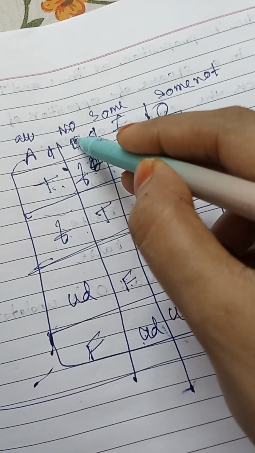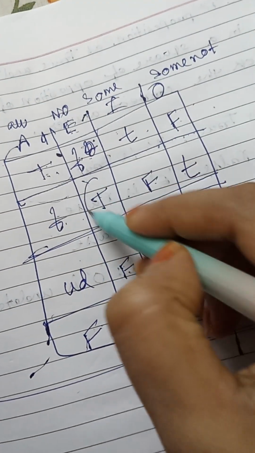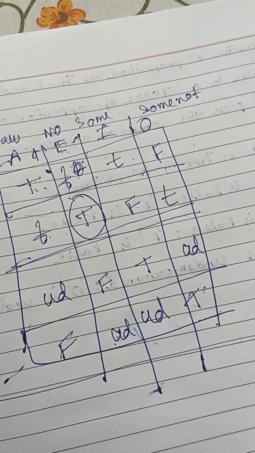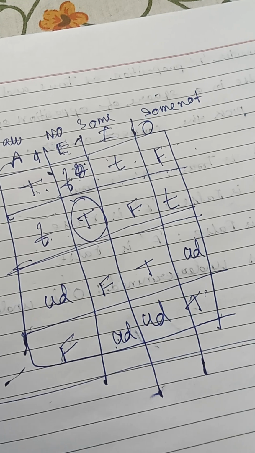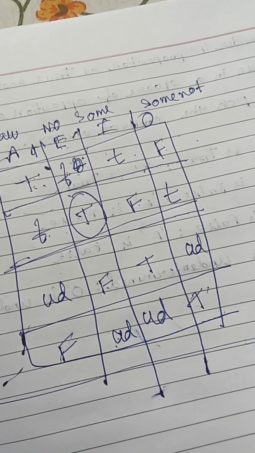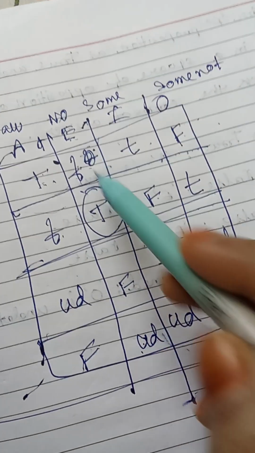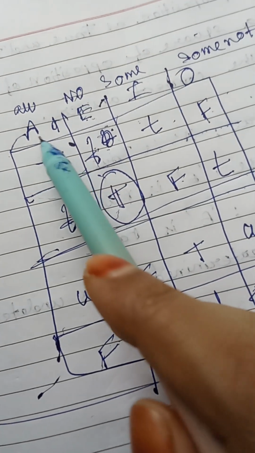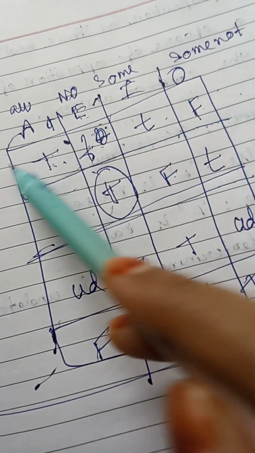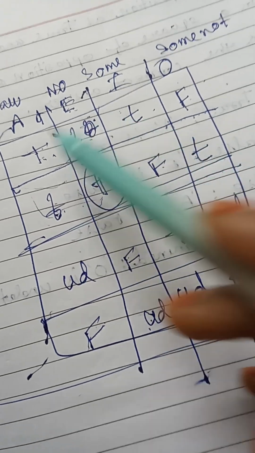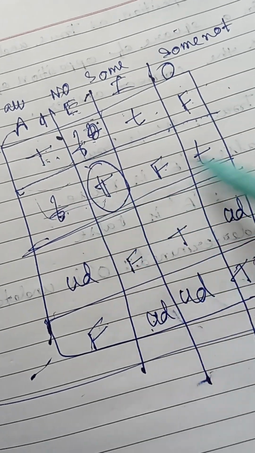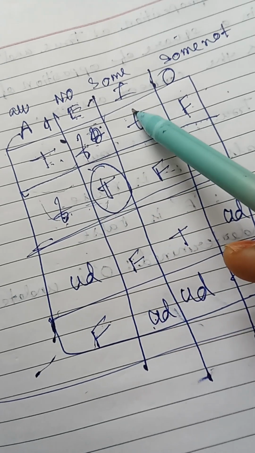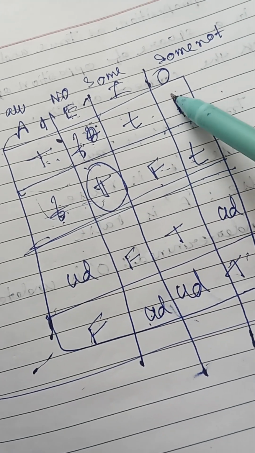We always take the capital letter; later you will understand it. So for E it is true, then the others are A, I, O. A will be in this column, because this is the same line. So A is false, I is false, O is true.